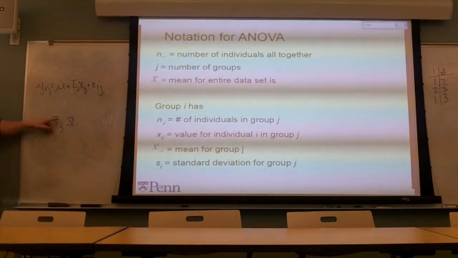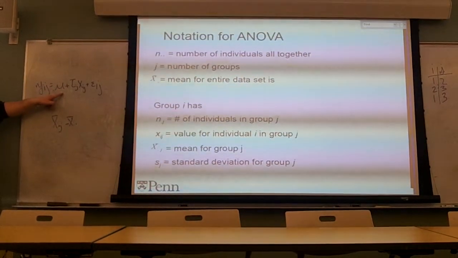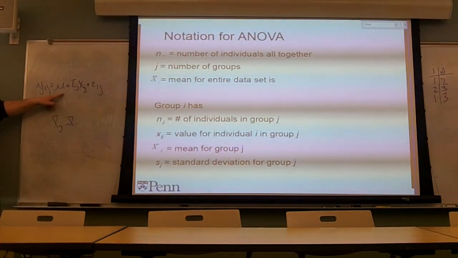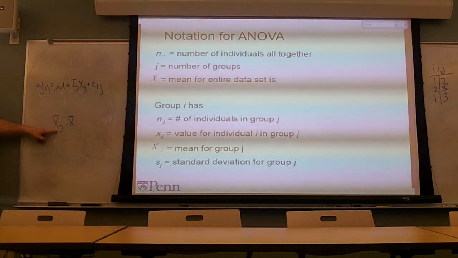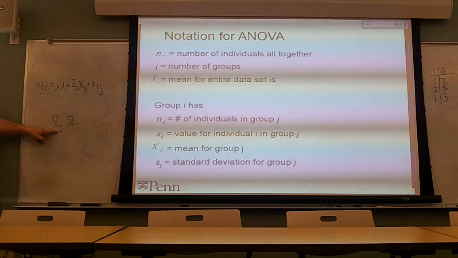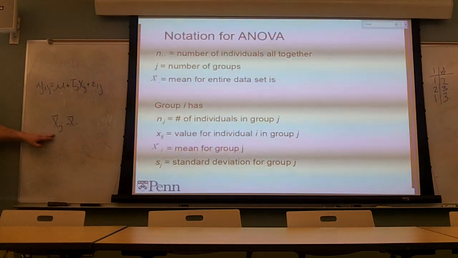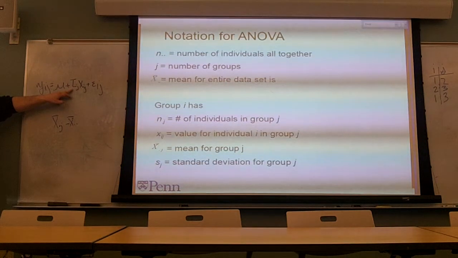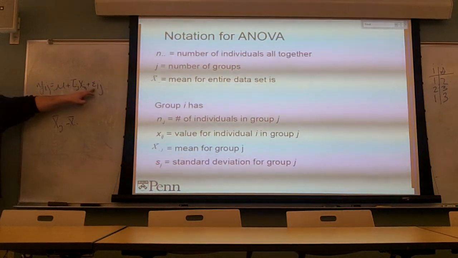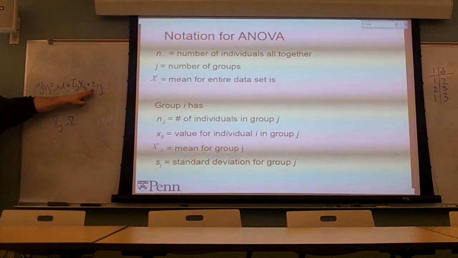Treatment effects, X_ij, or X dot J, are treatment effects relative to the grand mean. So, if an X_ij is below the grand mean, the treatment effect will be negative. If the treatment effect is higher than the grand mean, the tau of the treatment effect will be positive. Right? And then I still have epsilon_ij. Right?